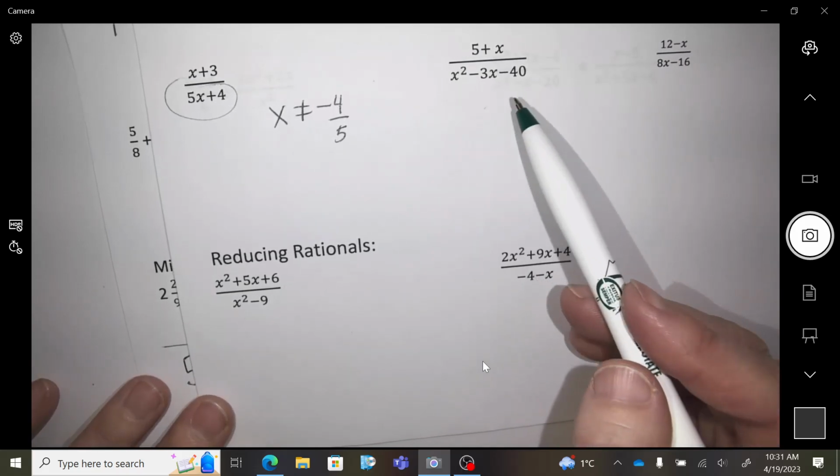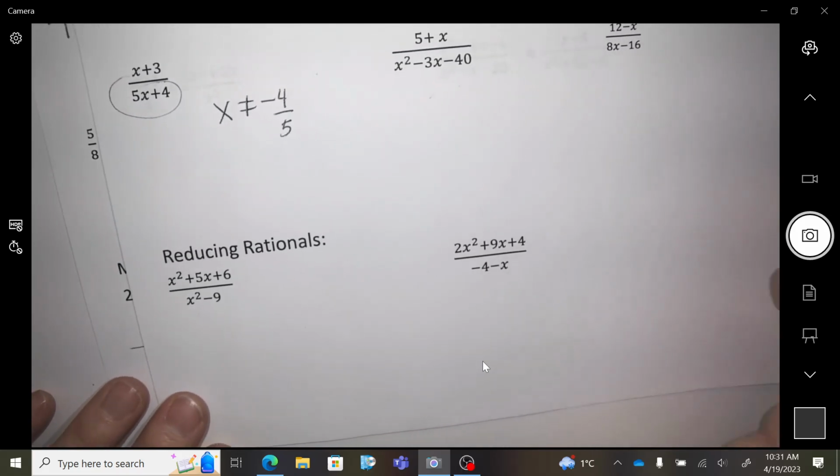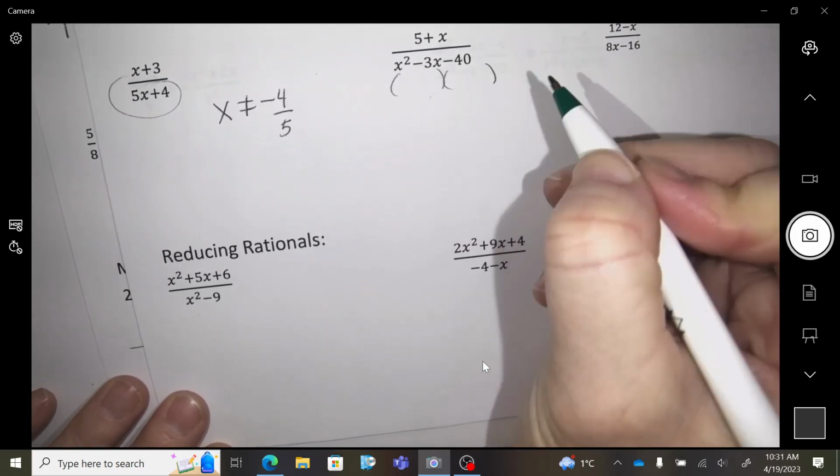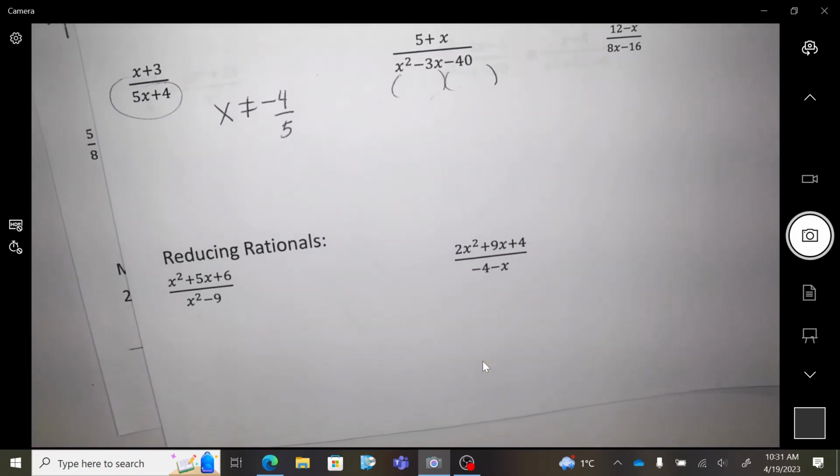Okay, this next one, I need you to actually factor this. So can you recognize it? You should get faster and faster. Simple trinomial, what multiplies and adds?